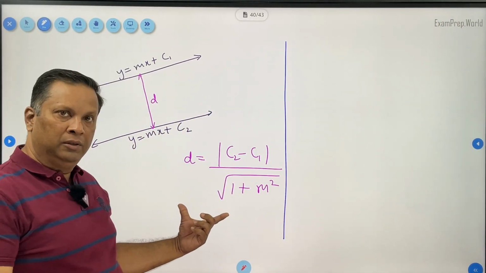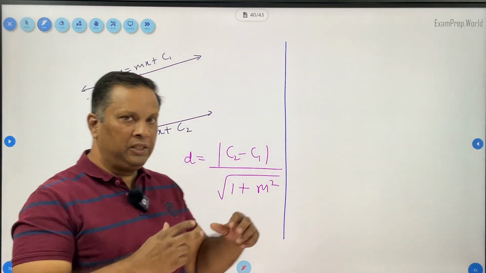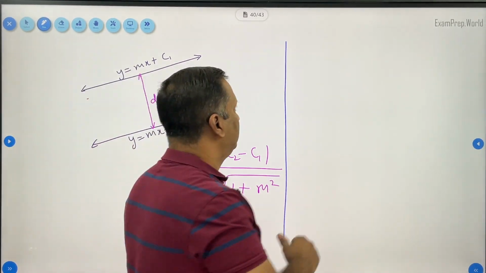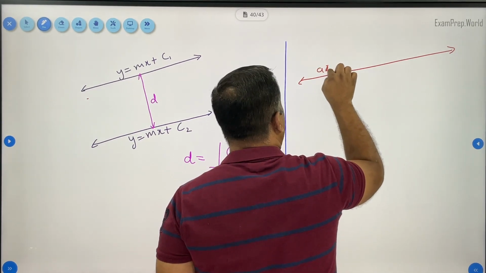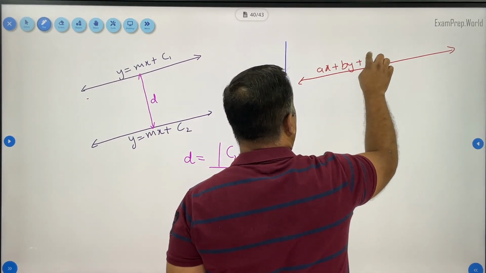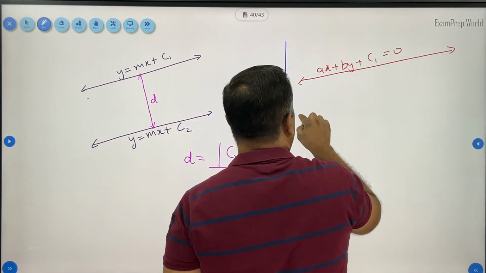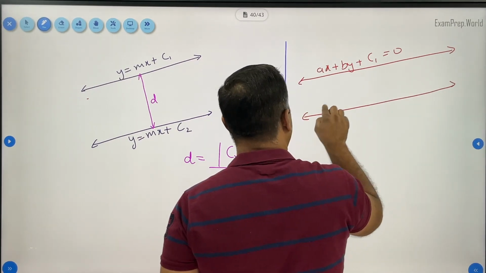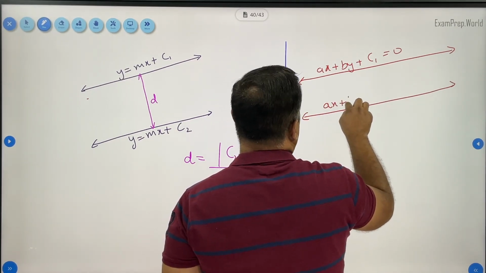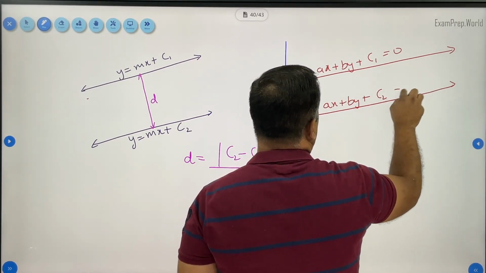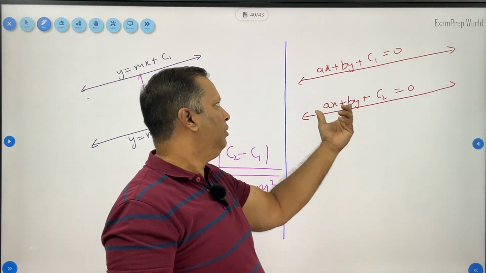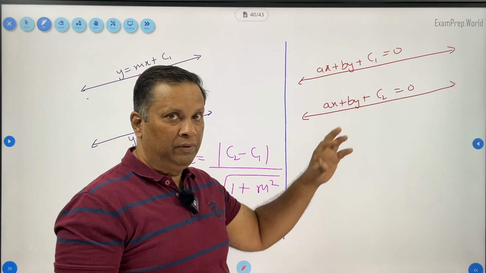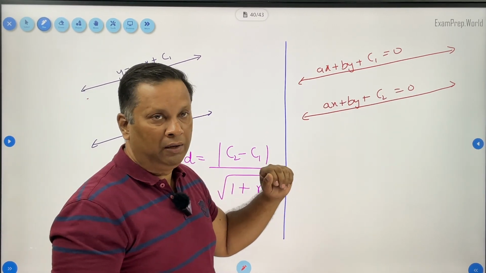So what we do, now we will see the lines when they are in normal form. So it is ax plus by plus c1 equal to 0, and the other one is ax plus by plus c2 equal to 0. Now why it is not a1 b1? Because they are parallel lines, so value of a and b will be equal. Otherwise, if they are not equal, then the lines are not parallel.